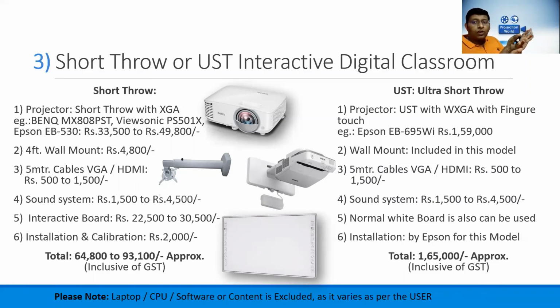And the advantage of this is that it works with the stylus, and also with finger touch. Here also the pricing is approximately 1,65,000. This is all approx price, inclusive of GST.